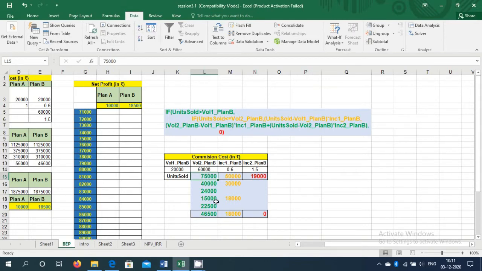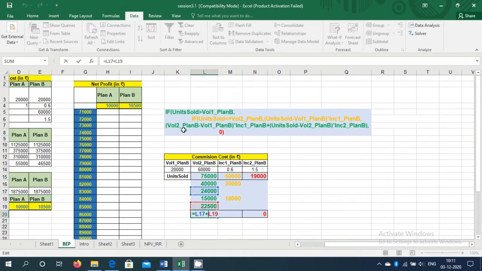So 15,000 multiplied with 1.5 is 22,500. So here I am finding out 24,000 for the first part of this one, and 22,500 is 75 minus 60 multiplied with 1.5.